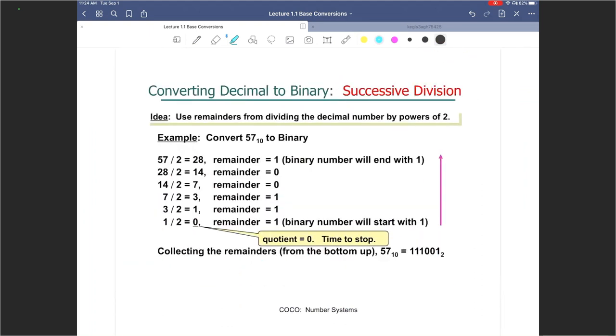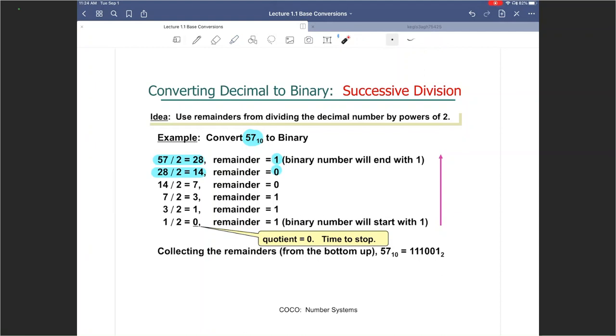Successive division. So how do you convert 57, represented in the decimal number system, to binary? We keep dividing by 2. 57 divided by 2, 28. What is the remainder? 1. We take whatever was there, 28 divided by 2, 14, remainder 0, and keep going down. What do you get? You get your remainders, recording the remainders.